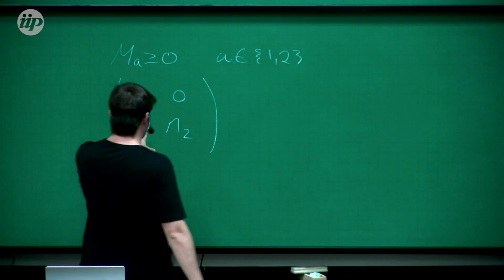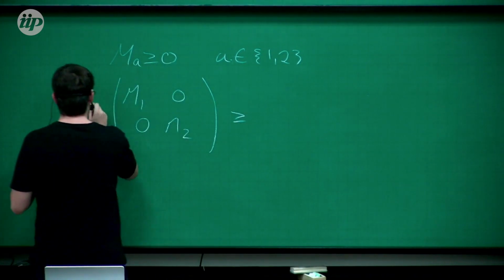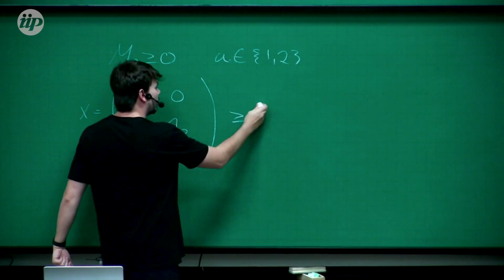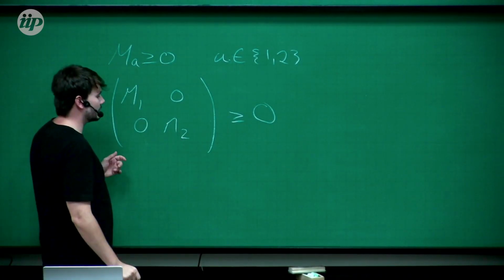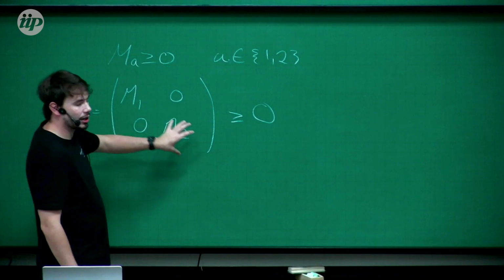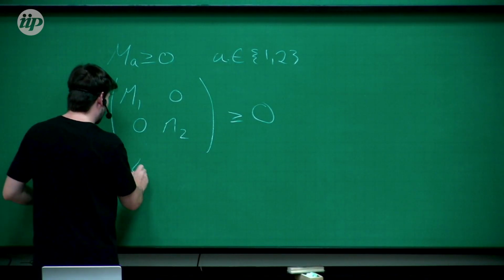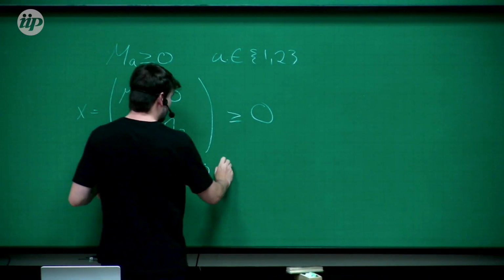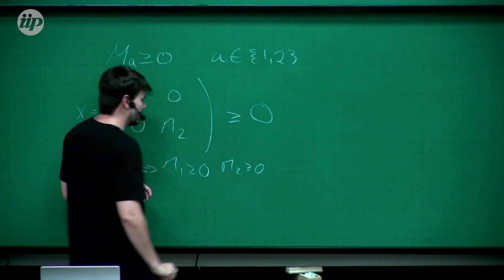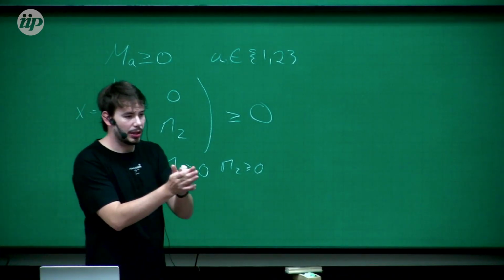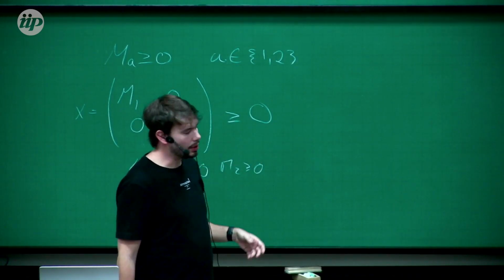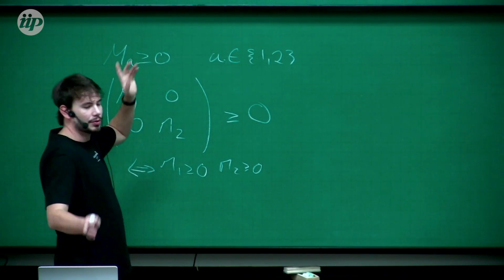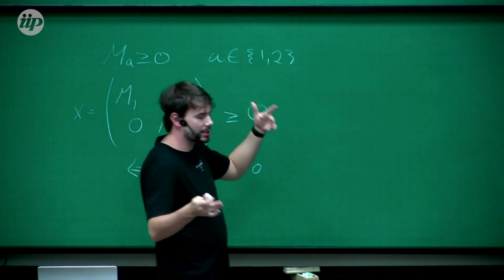I could call this matrix X, and if I impose that this matrix is positive semi-definite, because it has this block diagonal form, then we also know that this is positive semi-definite if M_1 is larger than 0 and M_2 is larger than 0. So by doing this direct sum construction, we can enforce many of these constraints at the same time, and we're still looking like the SDP I showed you before.